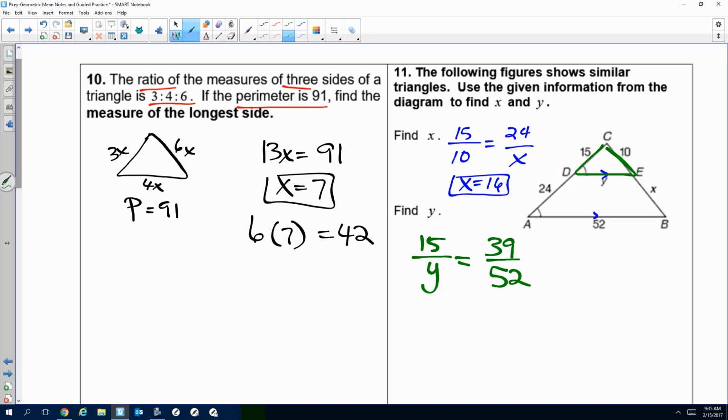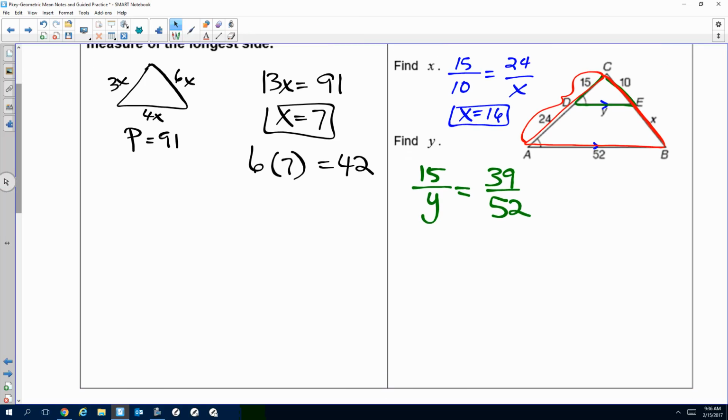So make sure, if I'm going small to big, make sure that we add those sides to use a whole. We're just cross multiplying, solving for y. Equals, yeah, 20, another whole number.